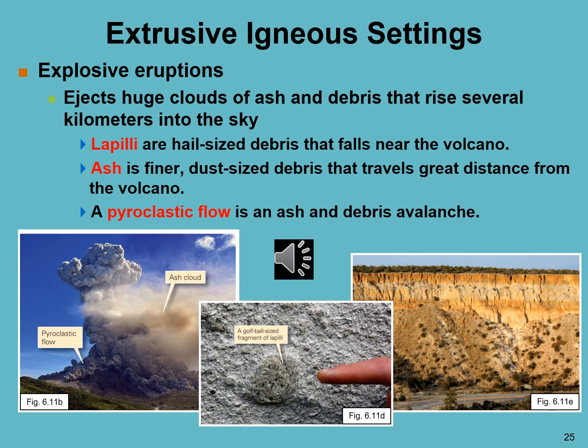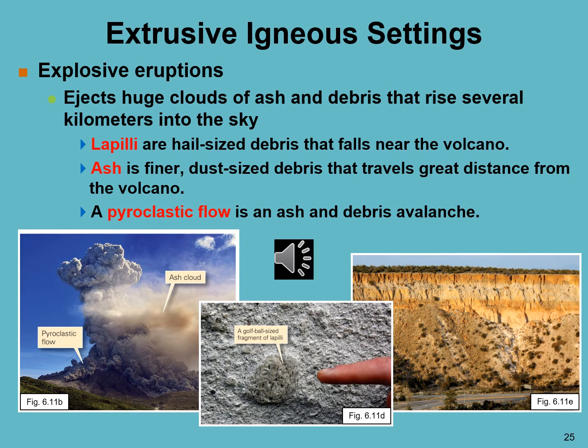Still other volcanoes erupt lavas in a cataclysmic explosion, which forcefully ejects turbulent clouds of pyroclastic debris that can rise tens of kilometers into the sky, like the image on the left. These lavas have an abundance of volatiles that shatter and disperse the lava into lapilli, pea to golf ball-sized fragments, the middle image, that fall like hail on or near the volcano.